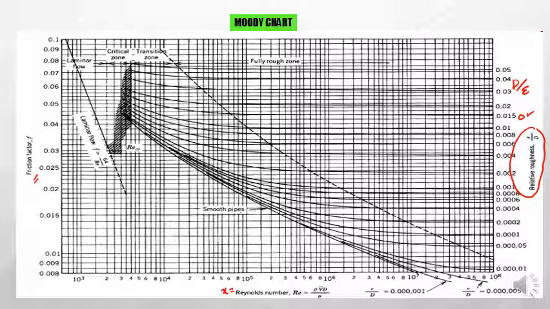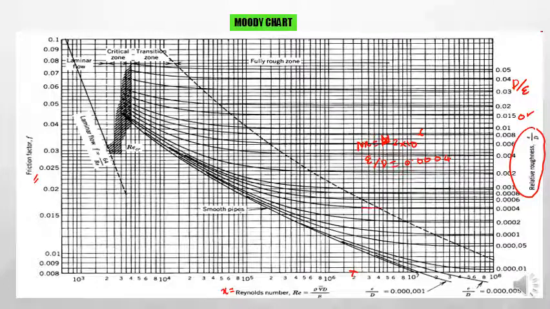Let's try. For example, if the Reynolds number is 2 times 10 to the power of 6, which is here, and the relative roughness E over D equals, let's say, 0.0004.